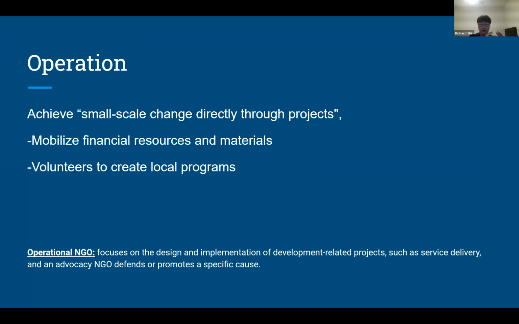Operation is targeted more to the local level, and campaign to larger targets, such as doctrine and policy making. Sorry, I wanted to change that. So operational NGOs focus on the design and implementation of development-related projects, such as service delivery, and advocacy NGOs defend or promote a specific cause.